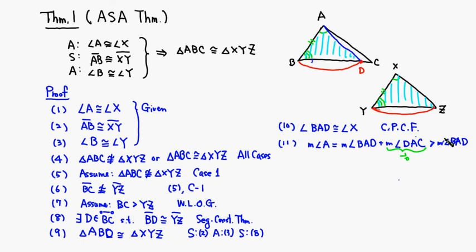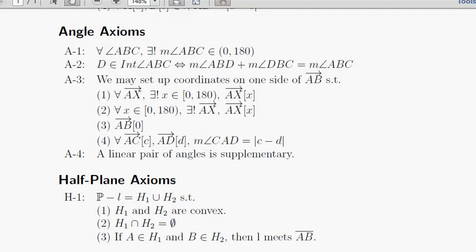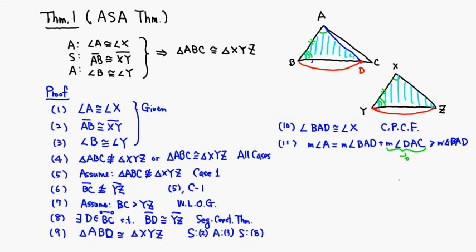We are using the fact that A1 and also A2, so the justification is A1 and A2.